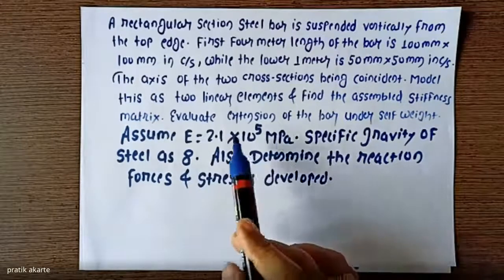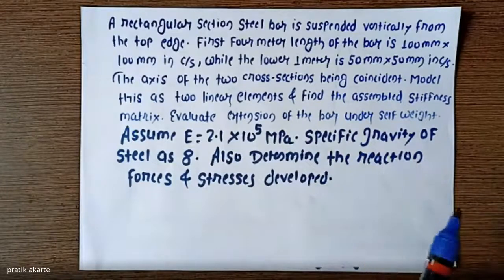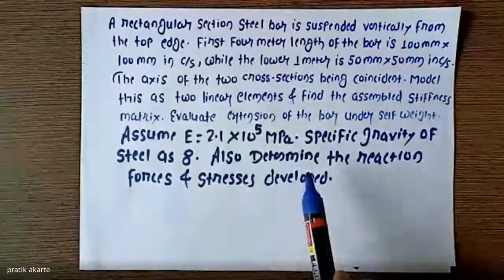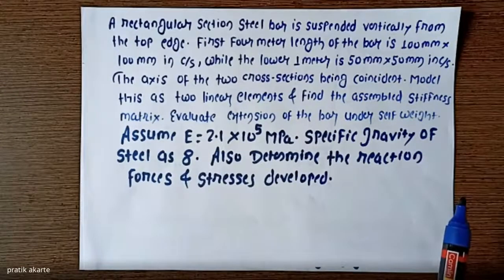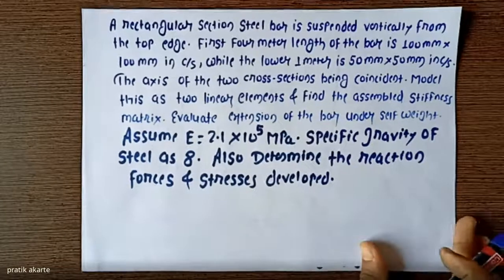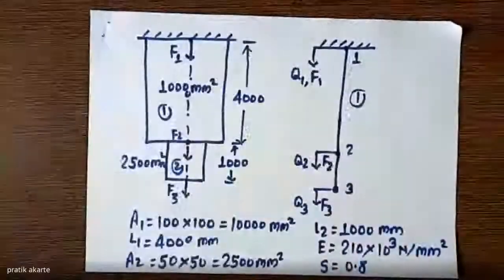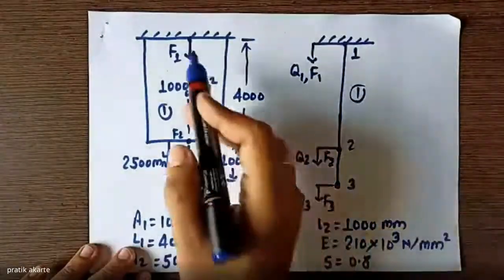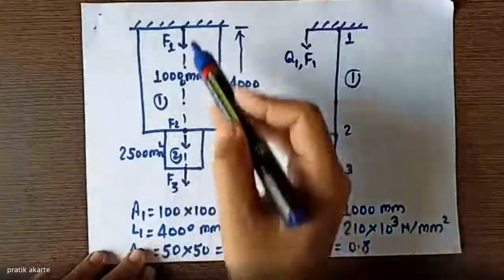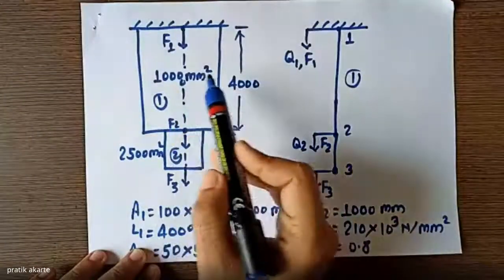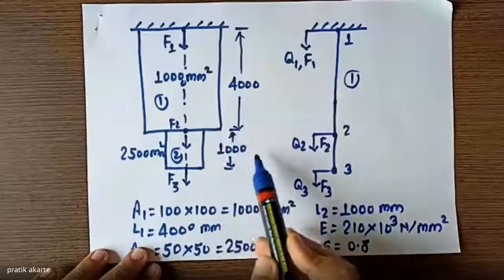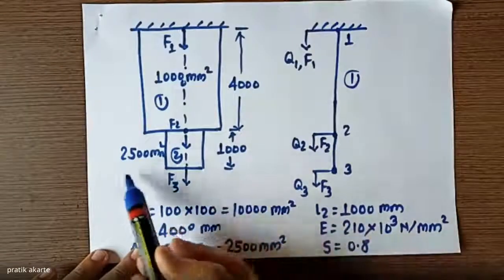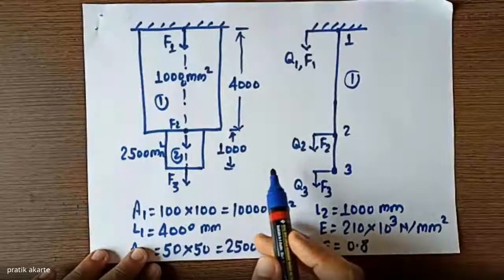We have to evaluate the extension of the bar under self weight. Assume E is equal to 2.1 into 10 to the power 5 megapascal. Specific gravity of the steel is given as 8. And also we have to determine the reaction forces and stresses developed. So I have modeled this, and this is how your system looks. The bar is vertically suspended. For the first 4,000 millimeter, the cross section is 10,000 millimeter square. For the next lower 1,000 millimeter, the cross section is 50 by 50, 2,500 millimeter square.